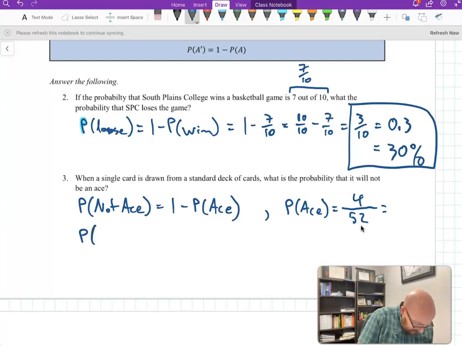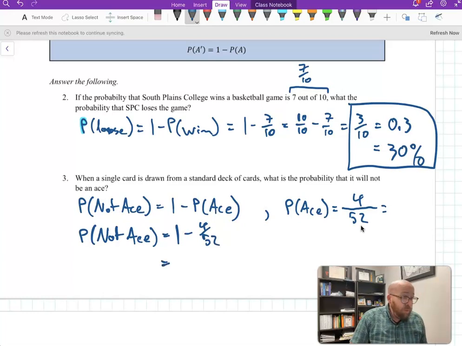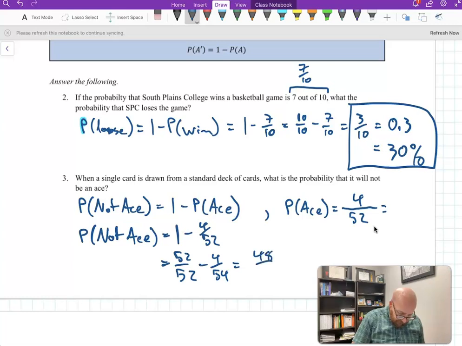So the probability that it is not an ace is equal to 1 minus 4 out of 52, which if we rewrite 1 as a fraction with a denominator of 52, that's 52 out of 52 minus 4 out of 52 is going to be 48 out of 52.